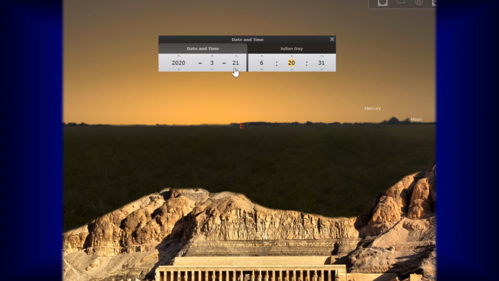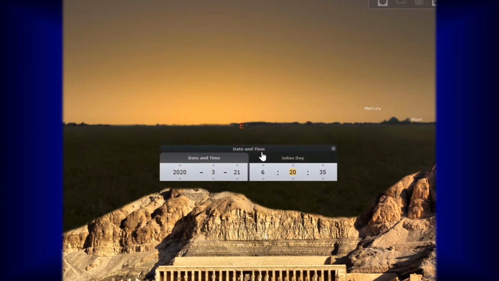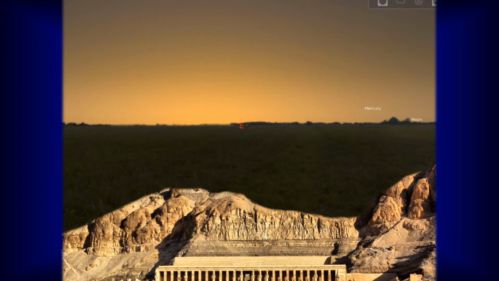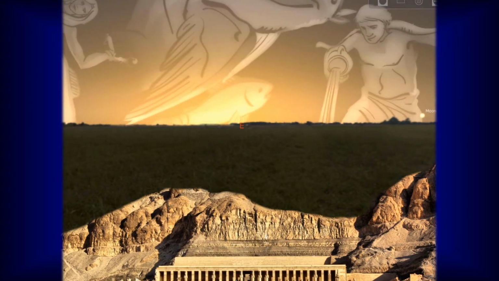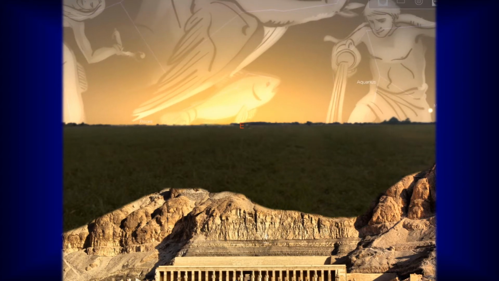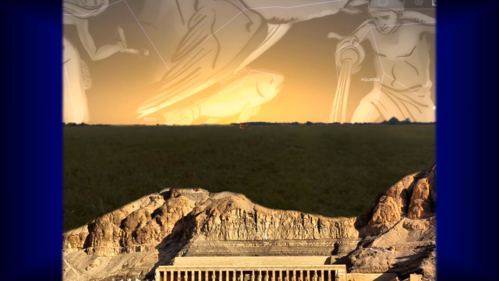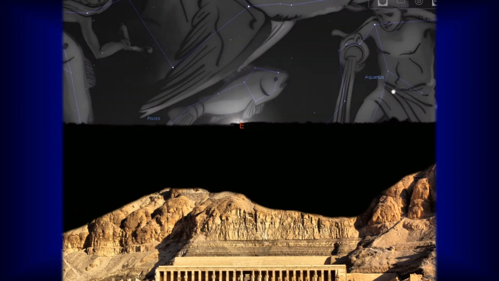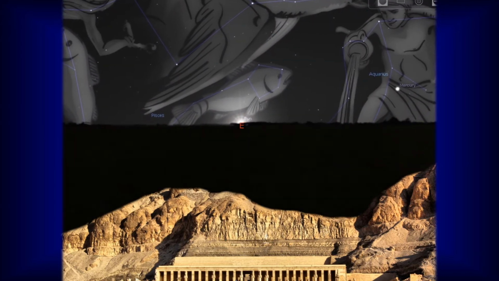This is the 21st of March, the spring equinox, and that is when the sun comes up at the exact eastern point of the horizon. And as you can see, the sun does not come up in Aries, as what we would think, because the 21st of March would be the 0 Aries point, but it's in Pisces. So yes, that's the sidereal.